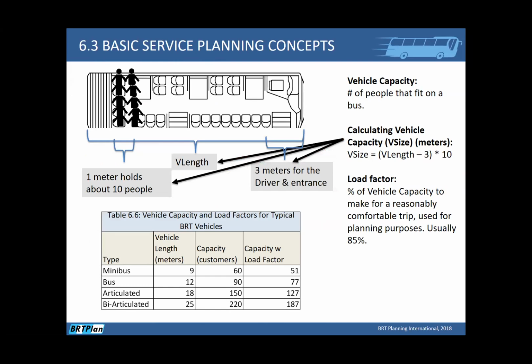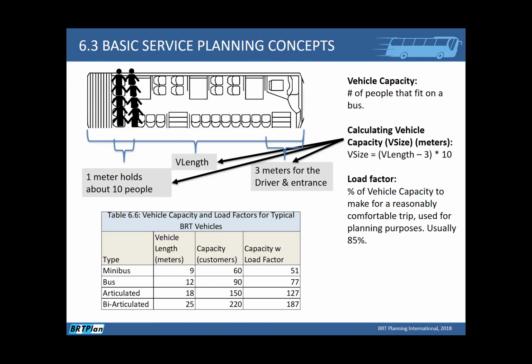The next thing you need to know is a little bit about how you calculate the capacity of a bus. For planning purposes, we usually use a little formula, which is the length of the bus in meters, minus 3, times 10. The reason for that is you need about 3 meters for the driver and the entrance, a little bit in the back where the engine is.